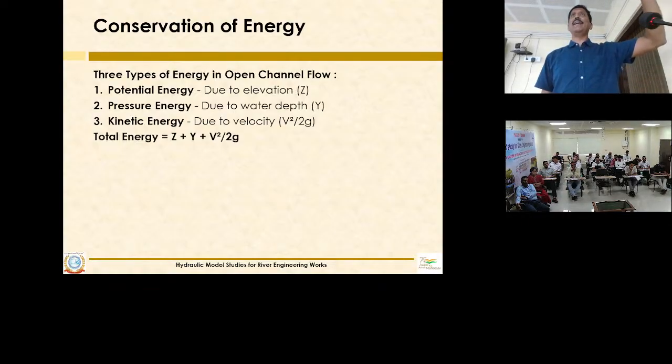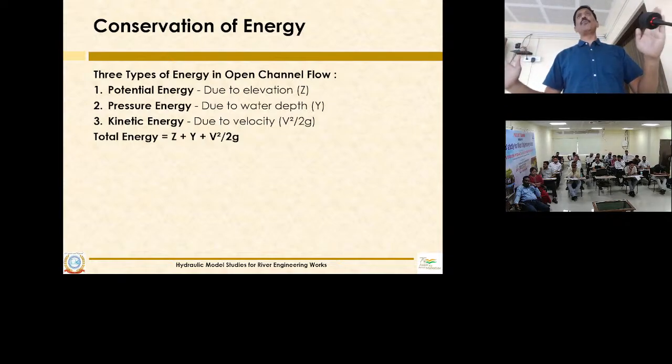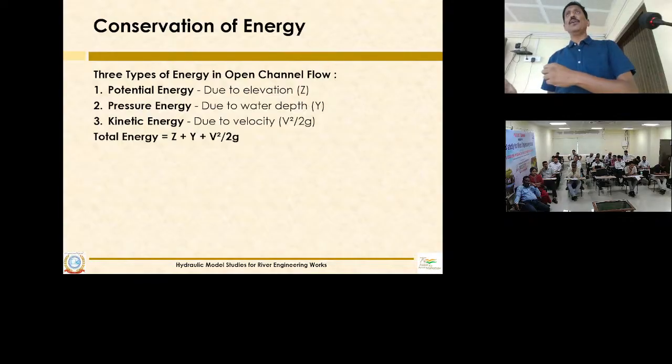At one height the fluid is there, then it moves to a lower height, so a potential energy difference is there. Then as the velocity moves, kinetic energy is there. And third, the pressure. Static pressures are acting on both faces, and that difference helps in carrying the water. So the three are potential energy, kinetic energy and pressure energy.